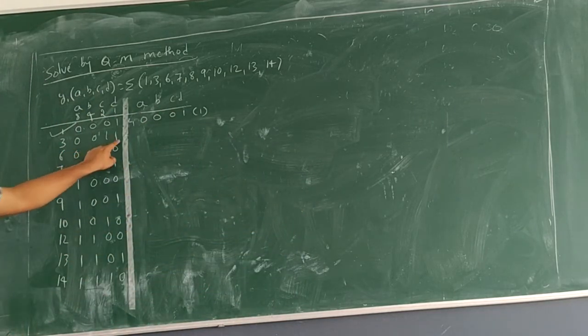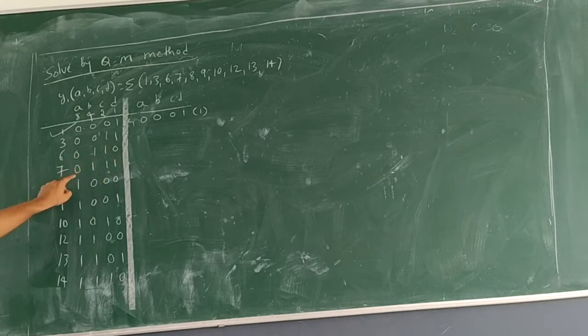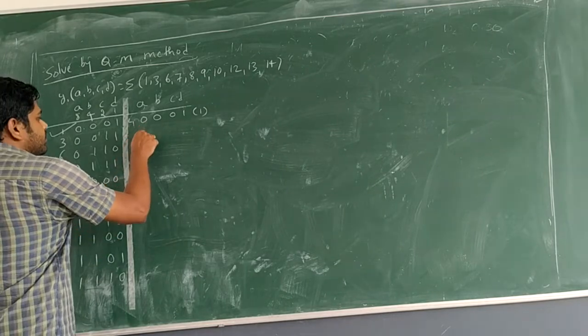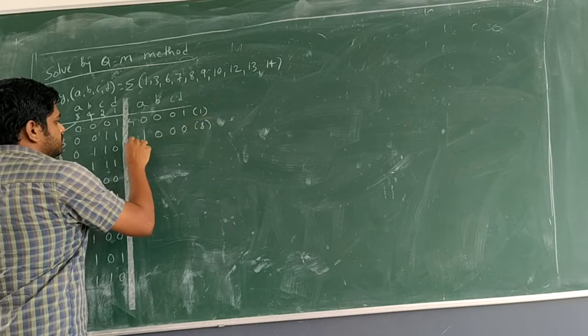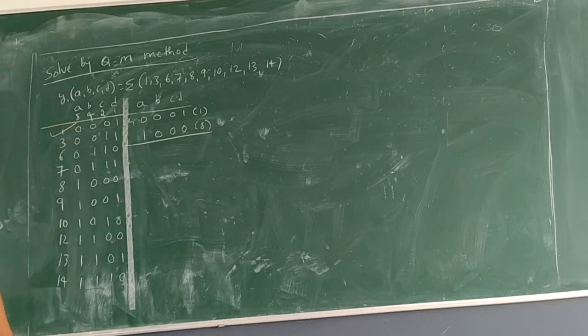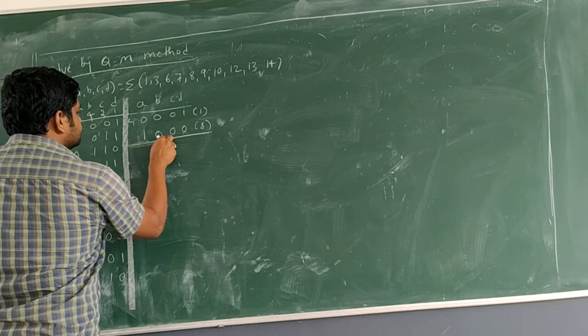Here we have another number which has one 1, represented as 1 followed by triple 0. Its equivalent is 8, that is 1000. Here L1 finishes.